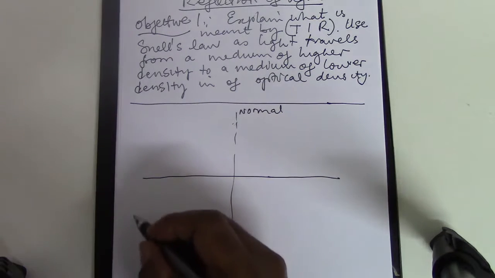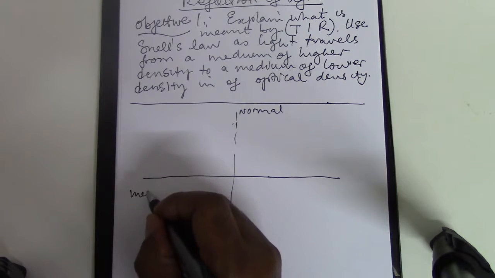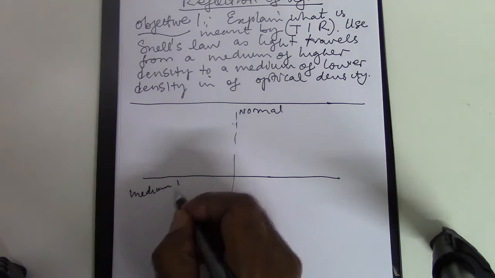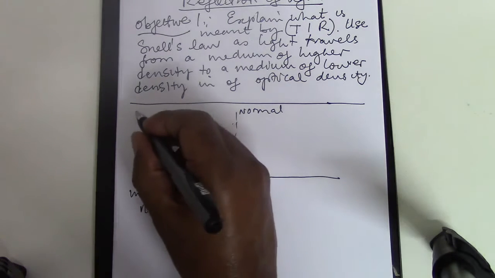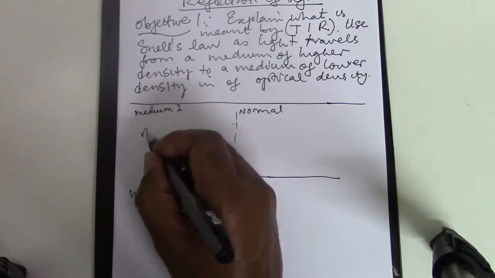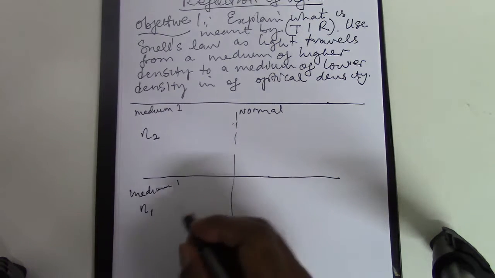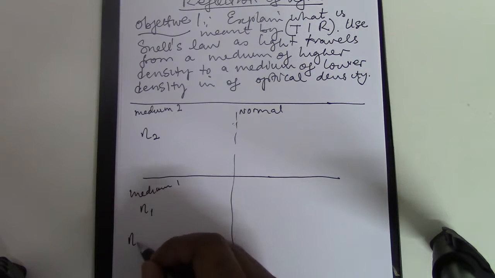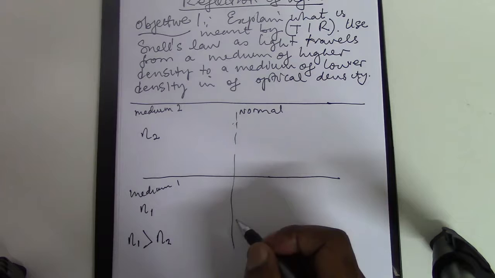And I'm going to take this as medium 1, with refractive index 1. This is medium 2 of refractive index 2. So refractive index 1 is greater than refractive index 2.